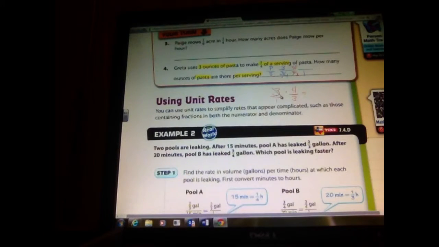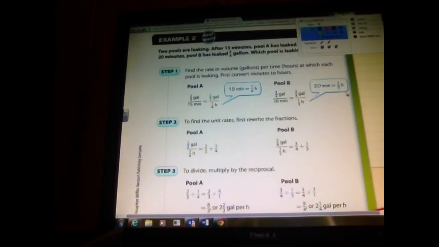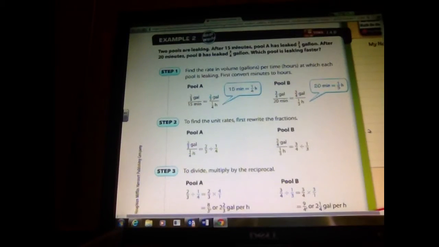A 3 on top, a 3 on bottom. That leaves me with 4 as a numerator and 1 as a denominator. So she can do 4 ounces of pasta per serving. If you would have not done this canceling out, you would have gotten 12 over 3, which still simplifies to 4.